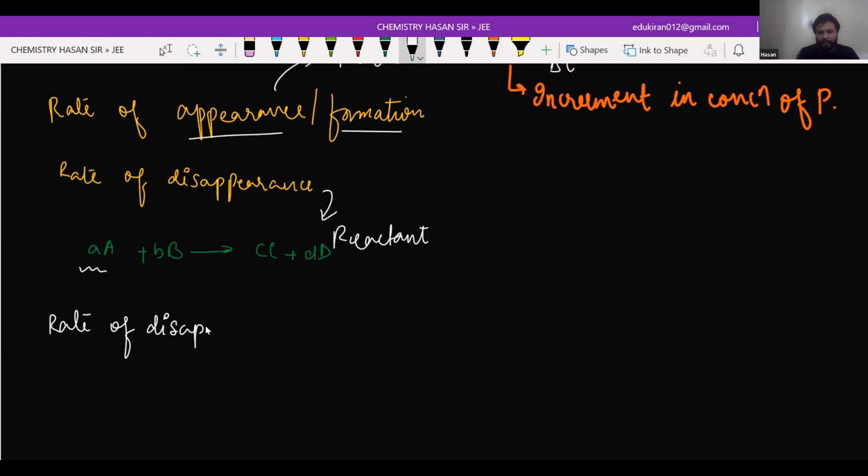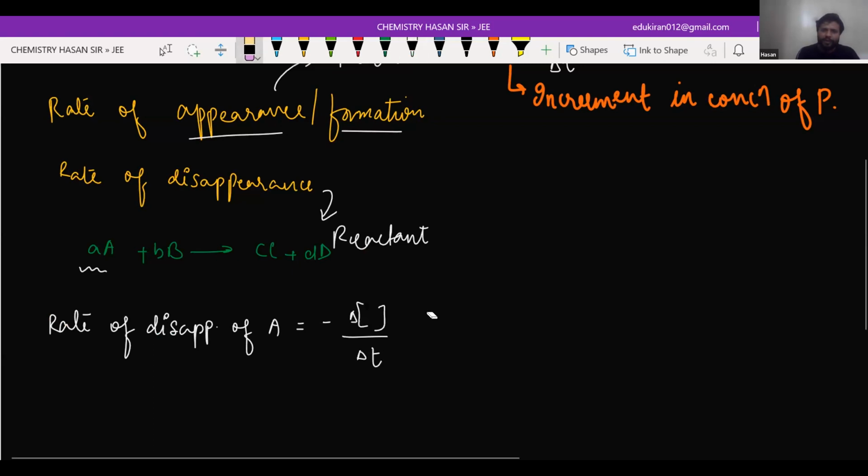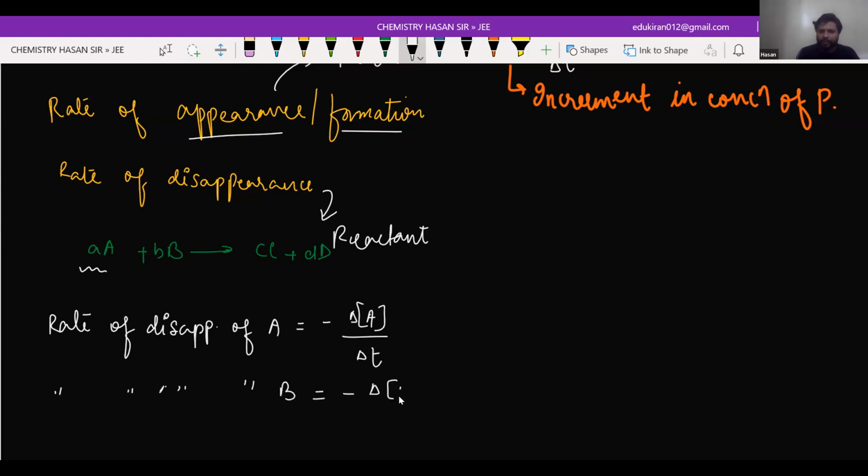The rate of disappearance of A will be equal to minus change in concentration of A upon delta T, the change in time taken during that. Then the rate of disappearance of B will be equal to minus delta change in concentration of B upon delta T.